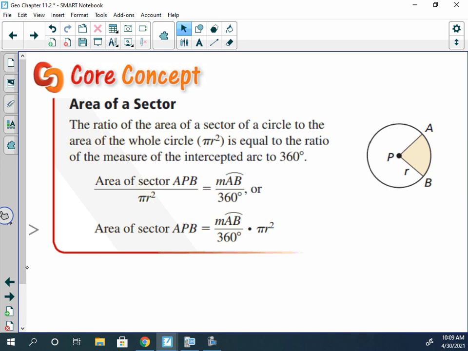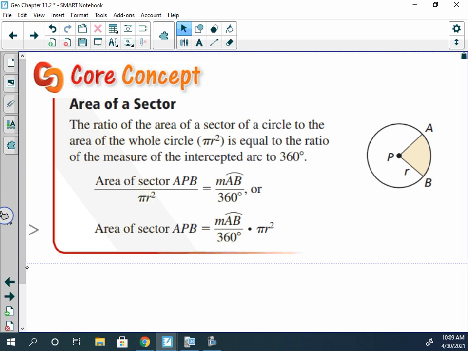Because we know that the central angle that makes up the arc is going to be part of the entire circle. And the entire circle is 360 degrees. So that's telling me I have one part of the whole. What part of the whole circle do I have?